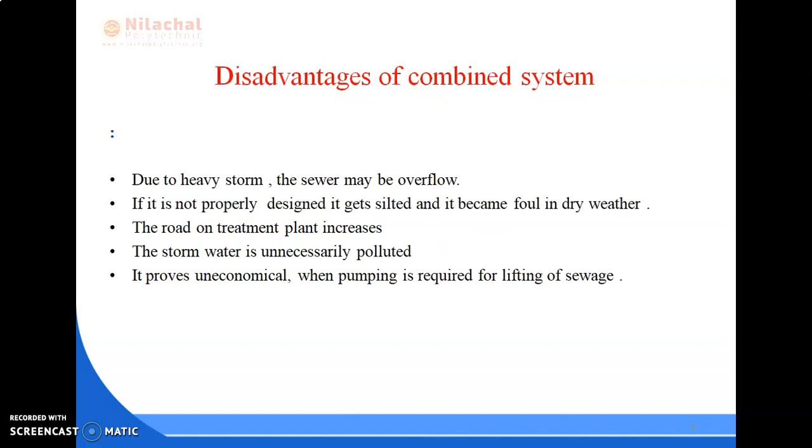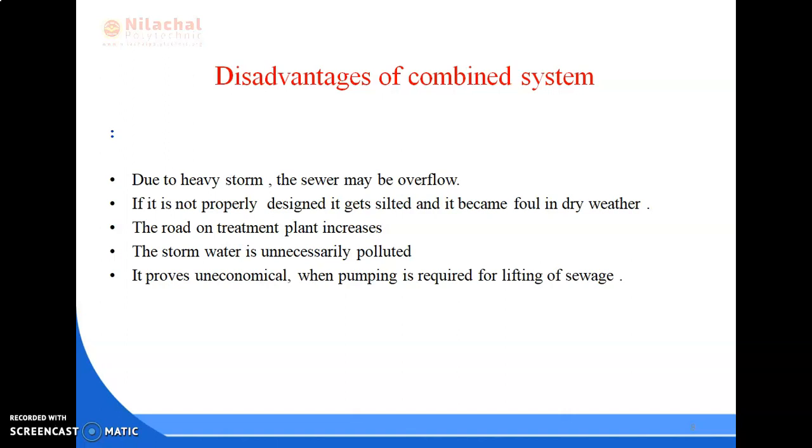Again, disadvantages: due to heavy storm, there is a chance of overflow of the sewage. If it is not properly designed, it gets silted and becomes foul in dry weather. The load on treatment plant increases.